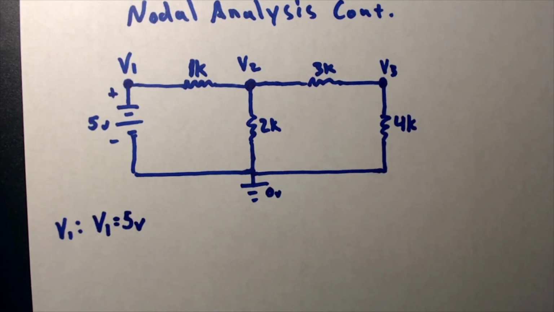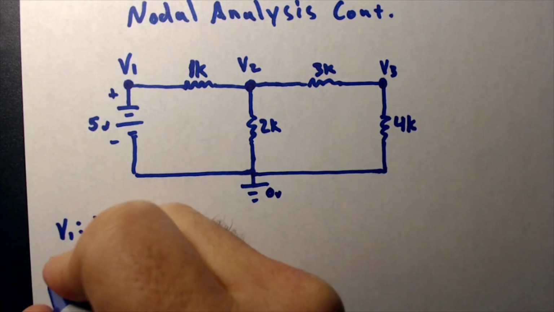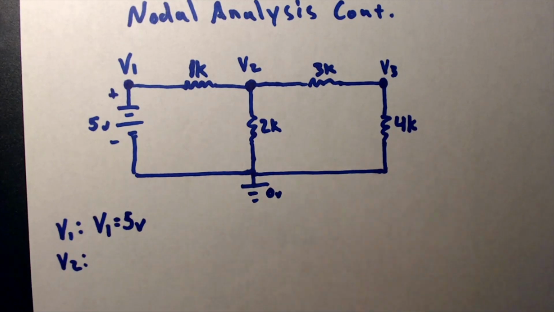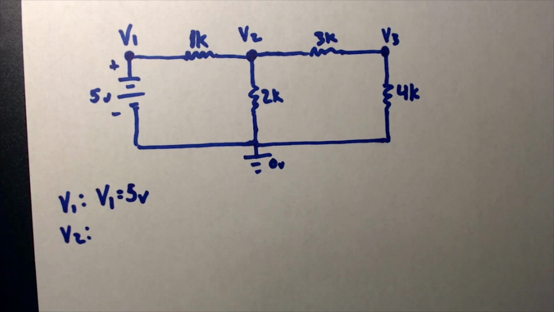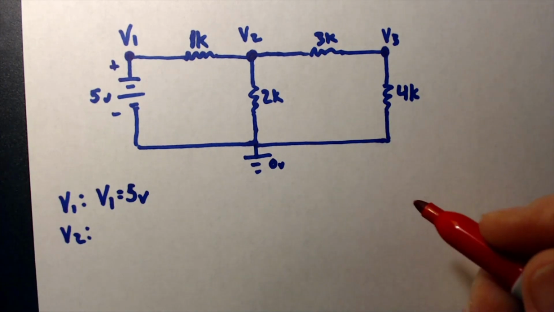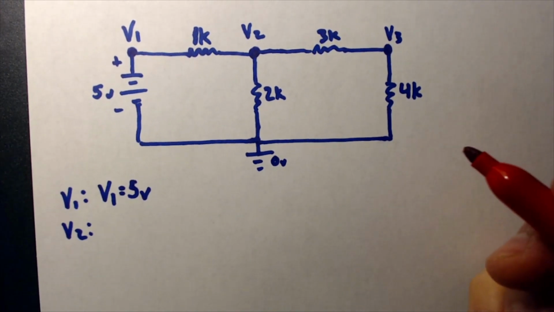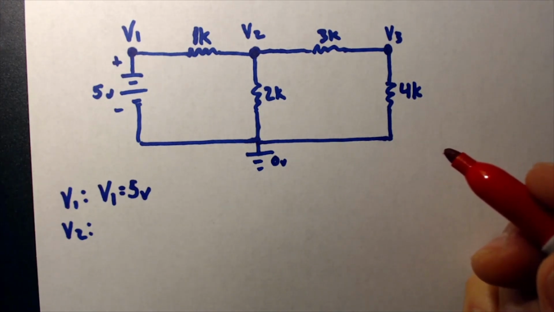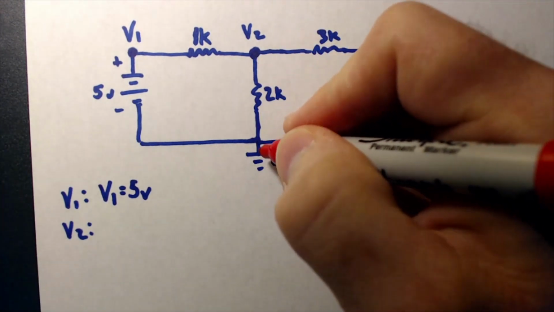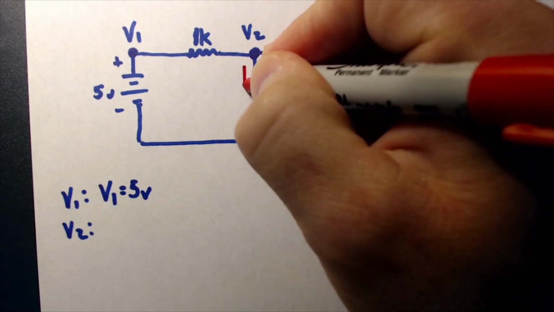Cool. Okay. So now let's go on to V2. Now V2, we don't get that luxury, right? For V2, we're going to have to express it in terms of currents and write out a KCL equation. So I need to pick some currents, whether they're leaving or entering, and I'm going to try and pick ones that make sense. Now over here I picked this to be 0, so let's just have the current go down.